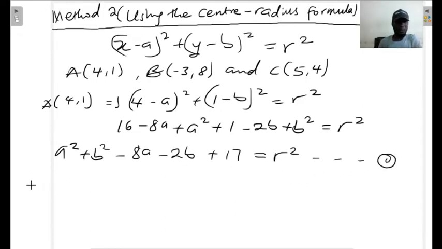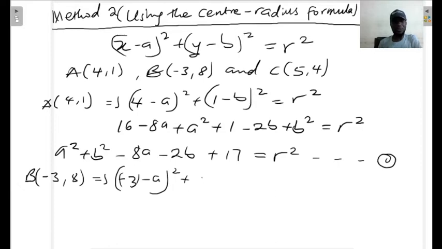Then we go to point B. So at point B with coordinate -3, 8, we are going to have -3 minus a all squared plus 8 minus b all squared equals r squared.